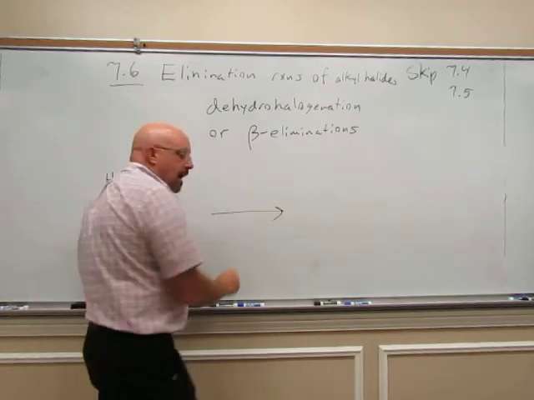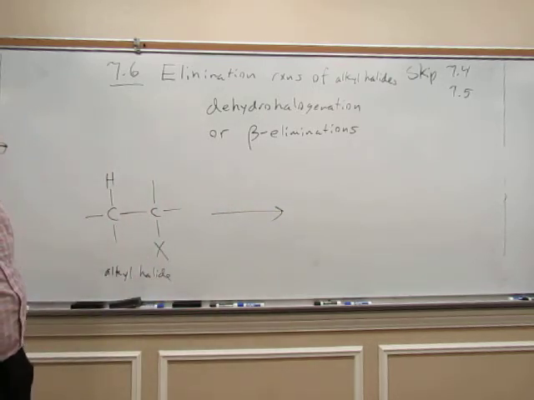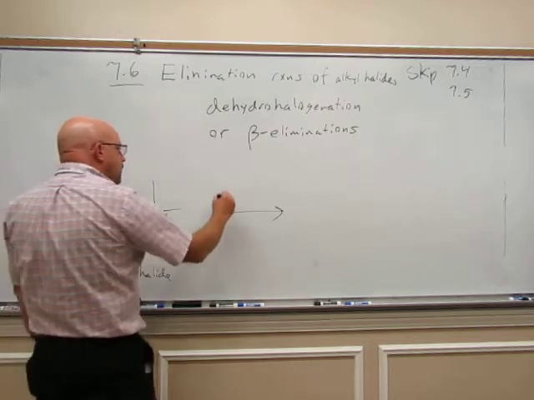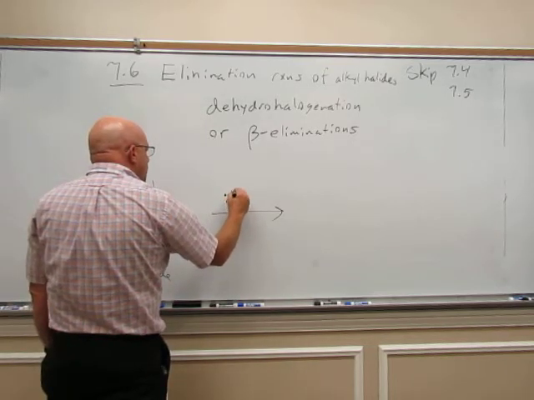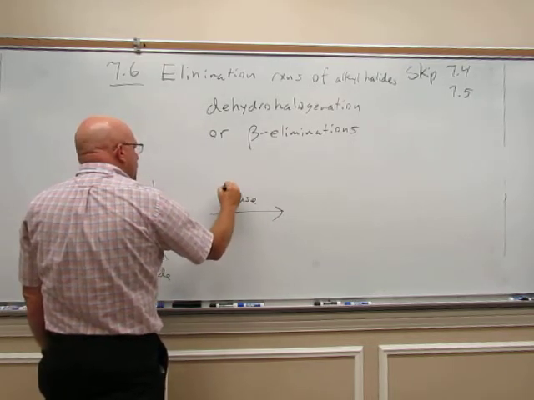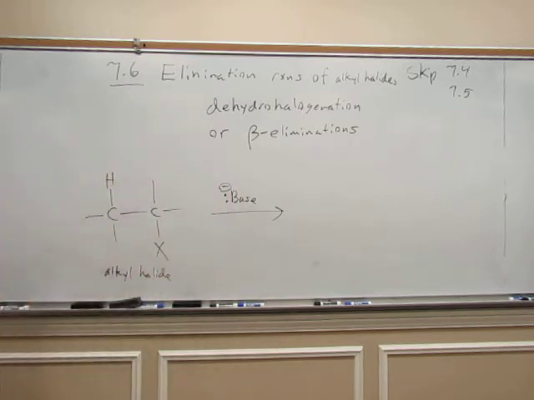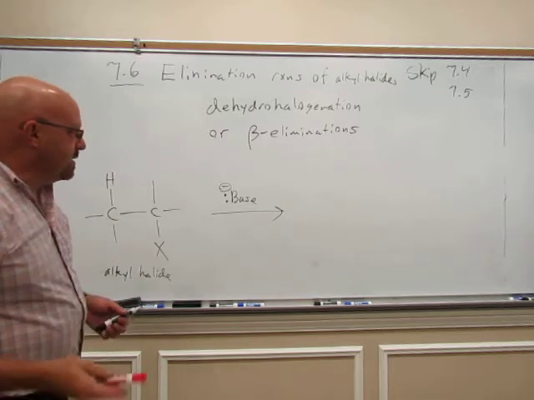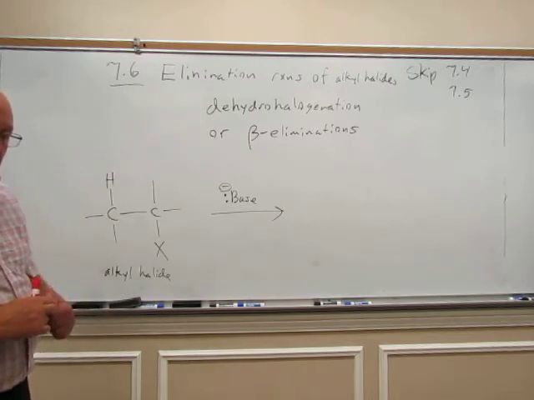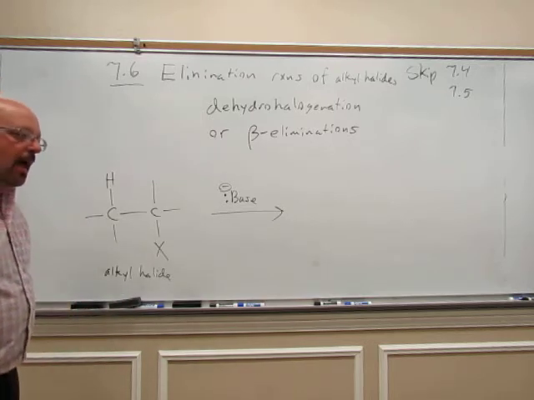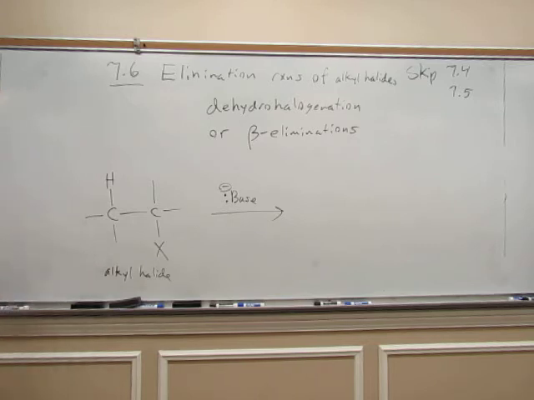And we're going to react that with a base. And we'll talk about what bases are required here in a moment. The base is going to remove a beta hydrogen.